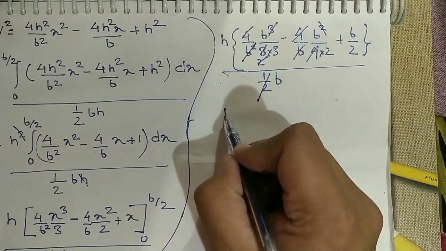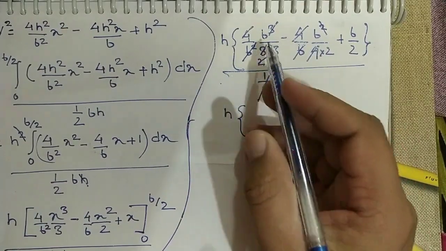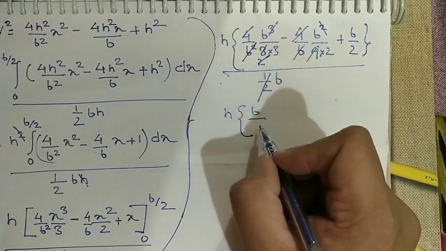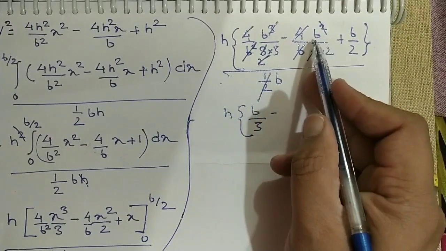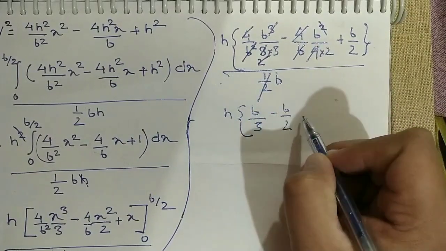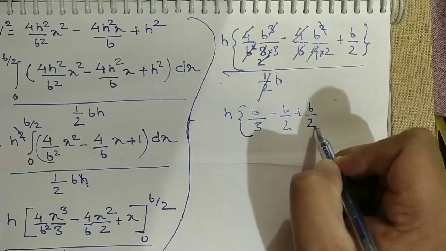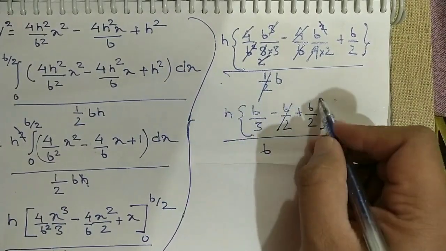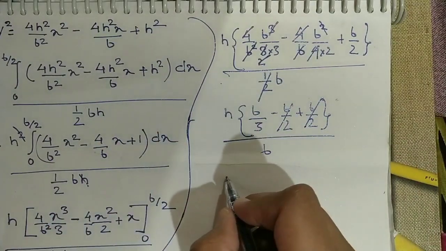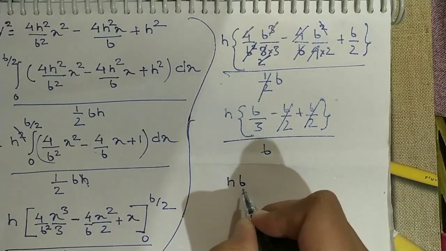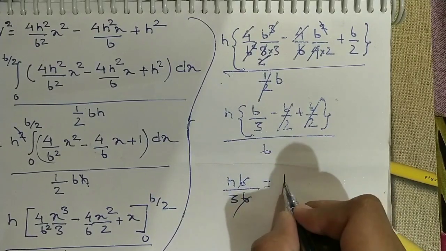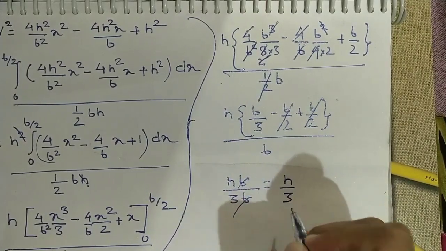So we are left with h, and the remaining is b by 3 minus b by 2 plus b by 2, and in denominator we are having b. This gets cancelled out, it will become h b by 3b, this will get cancelled out and it will become h by 3.